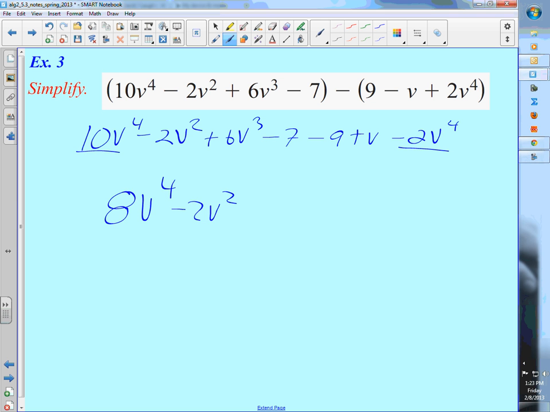There's no other b cubes either, so 6b cubed minus 2b squared. Wow, these are heavy duty. And then we got a plus b, and then these are like terms, minus 16. That look good? Okay.